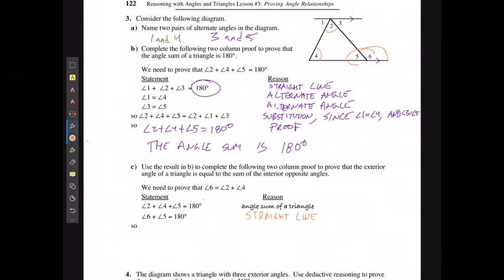Which means that pulling from this statement, we can say that angle 2 plus angle 4 plus angle 5 would be the same as angle 6 plus angle 5 because they both add up to 180.